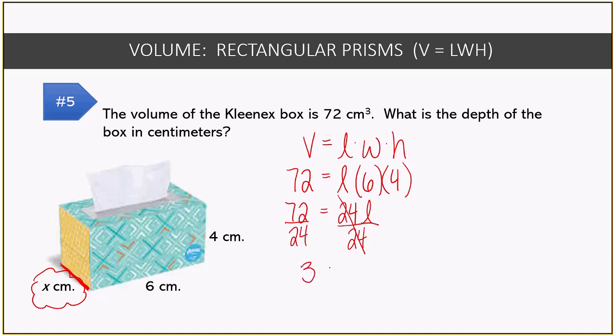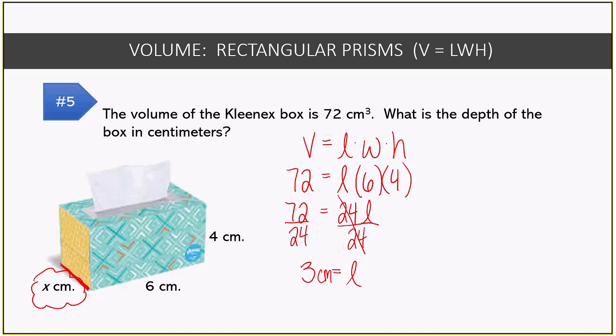I've now done this problem enough that I remember that answer from earlier today. So the length is 3, and we want units on this. We can go back over to the box and look at the picture. You can see it's being labeled in centimeters. So 3 centimeters for the depth or the length of that box.